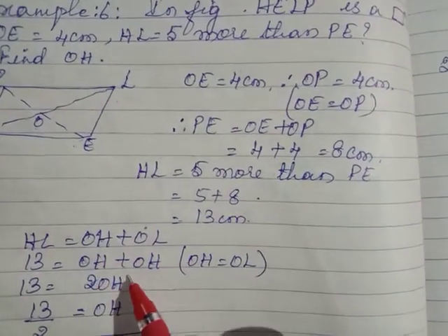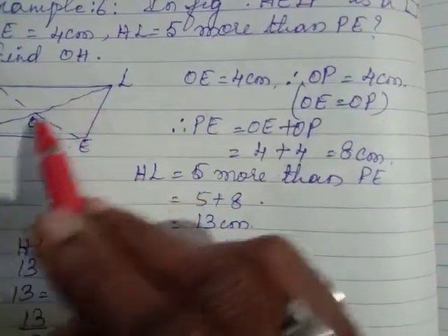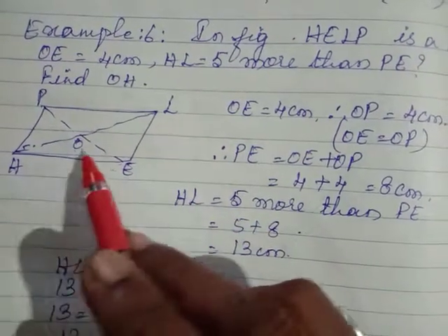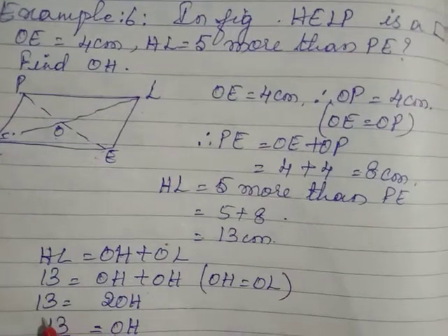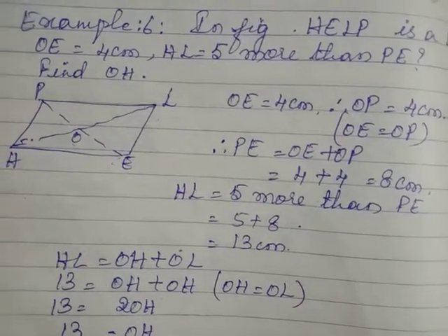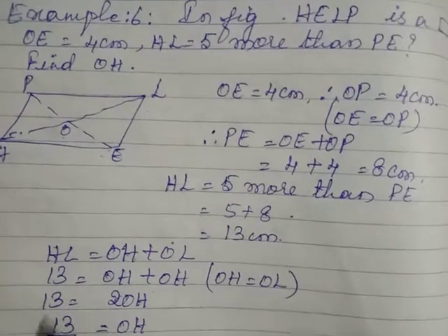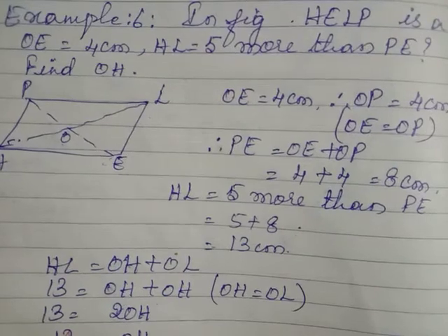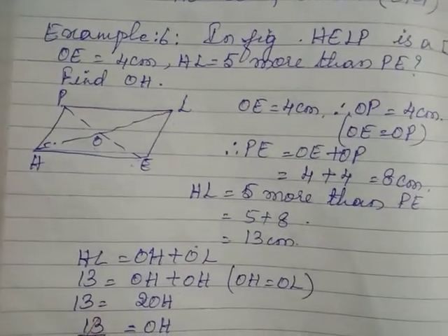Since both are equal, correct? OH and OL are equal. Therefore, we can write 13 is equal to 2 times OH. 13 by 2 is equal to OH. If you divide, you will get 6.5 centimeters. That is nothing but the OH measure. Okay, children.